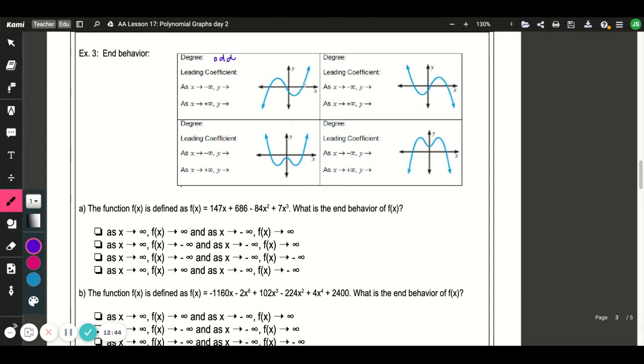And the other part that you need to look at is if the leading coefficient, that first term, is positive or negative. Positive, it would point upward. So this is odd and positive for the first leading coefficient. This one is also odd because the two ends are going in opposite directions, but since the right-hand side is pointing down, that is negative.